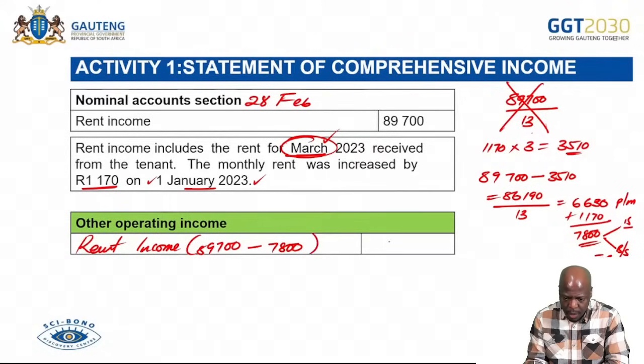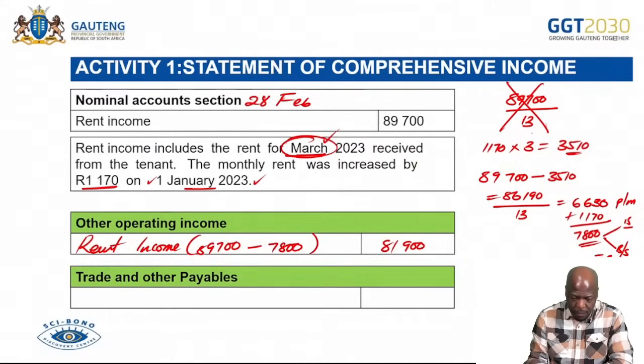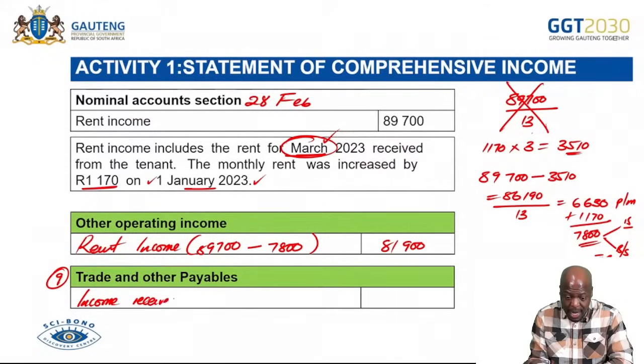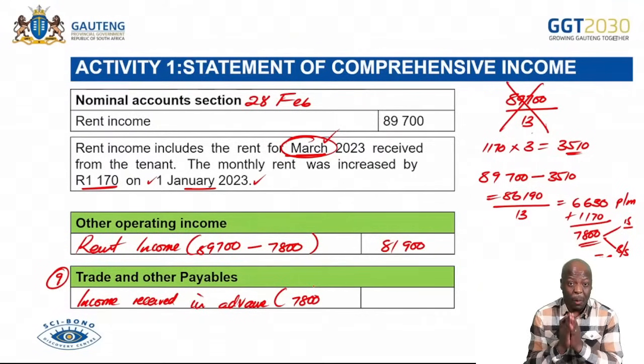And then I'm going to remain with 81,900. I'm going to come to my trade and other payables, whereby I'm going to record now. Remember, this is already trade and other payables. So that means this is my note number 9 already. So I'm going to now say income received in advance. Okay. And then I open my bracket. That is my 7,800. Are we good? Okay.